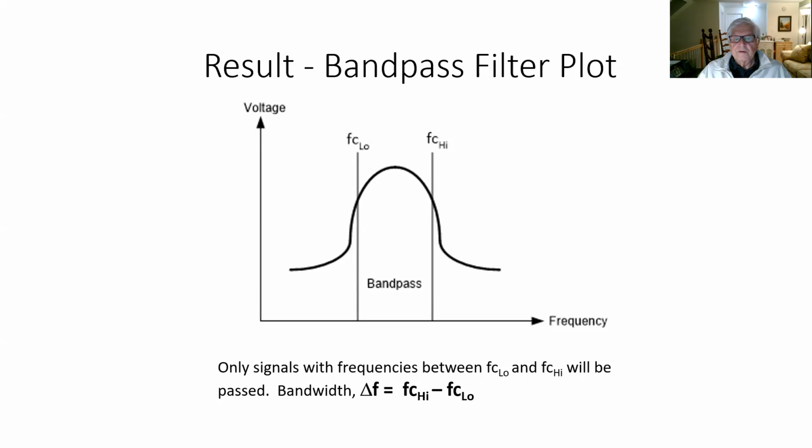And what we get then is our low cutoff and our high cutoff, but in between the low and the high cutoff, we get a bandpass. Okay, the bandpass range is the difference between the two high and low frequency cutoffs.